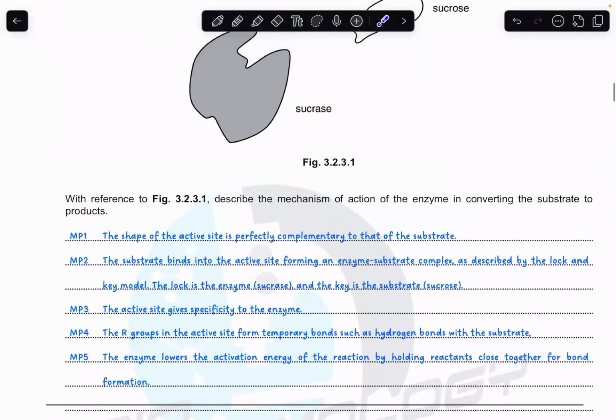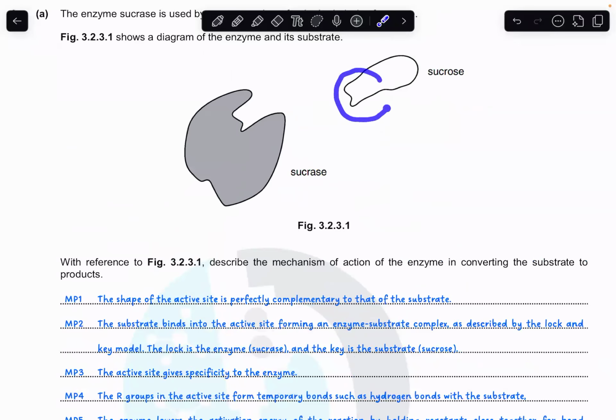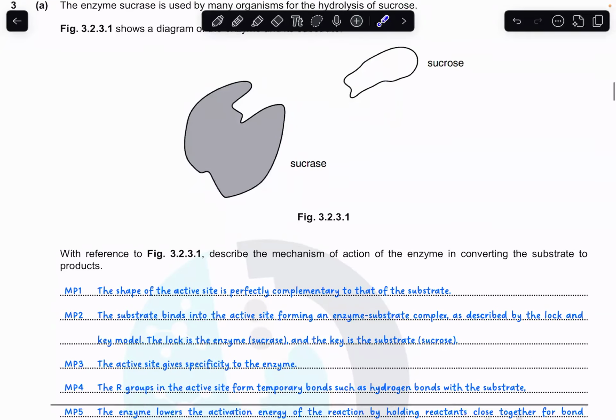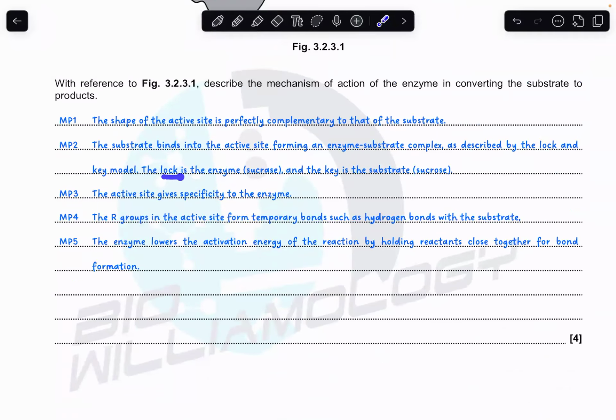As I mentioned previously, the shape of the substrate is exactly complementary to the shape of the active site. That's why we use the lock and key model. Briefly, the lock is the enzyme, the key is the substrate, and the keyhole represents the active site.